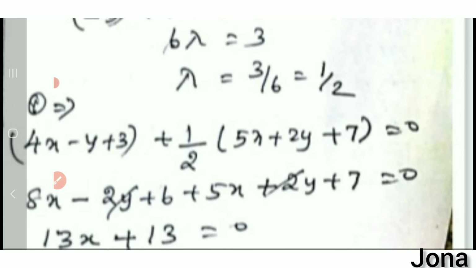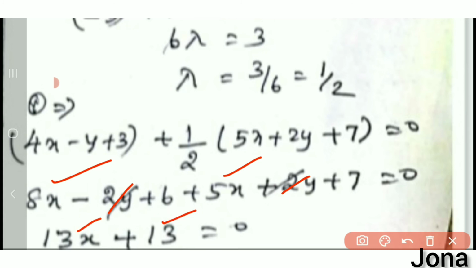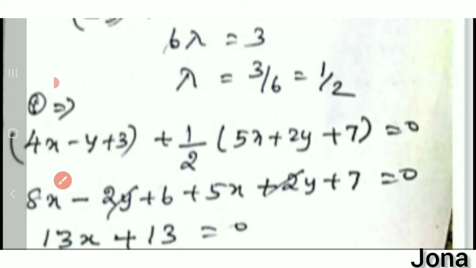That means 8x minus 2y plus 6 plus 5x plus 2y plus 7 equal to 0. Simplifying, minus 2y and plus 2y get cancelled. The remaining: 8x plus 5x is 13x, and 6 plus 7 is 13.